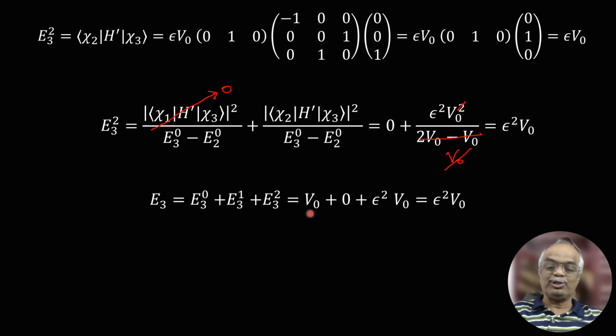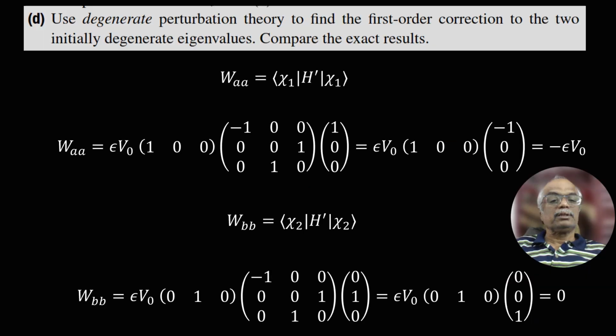This is the unperturbed energy, so you don't worry. Now we have to see only the perturbed energy, so you can remove this. The perturbed energy state is epsilon squared v naught. Now we will move on to the next energy states.